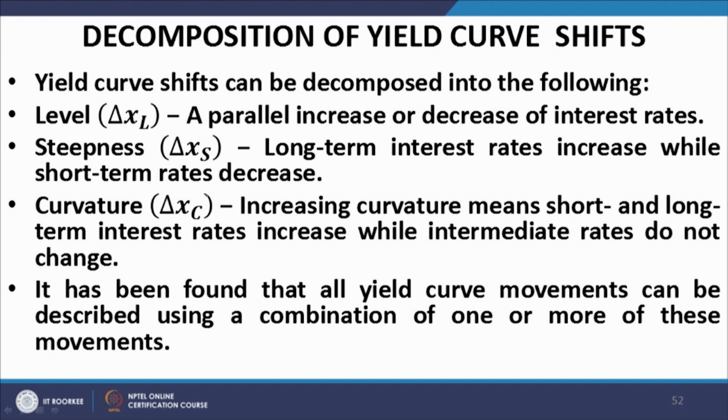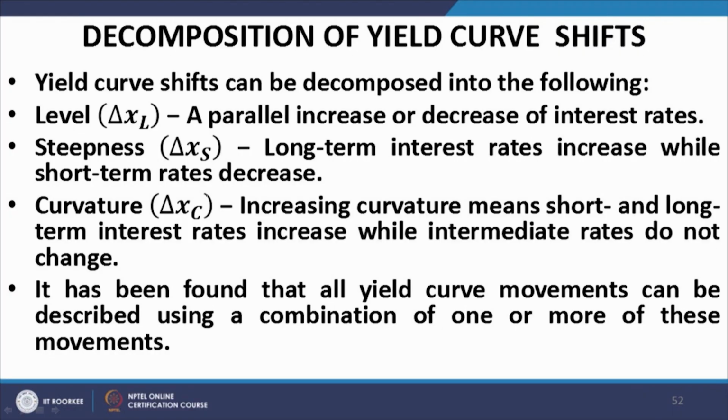So, these changes in interest rates manifest themselves as changes in the value of the portfolio, and when these changes in interest rates are unanticipated, I repeat, when they are unanticipated, the corresponding risk is called the yield curve risk.